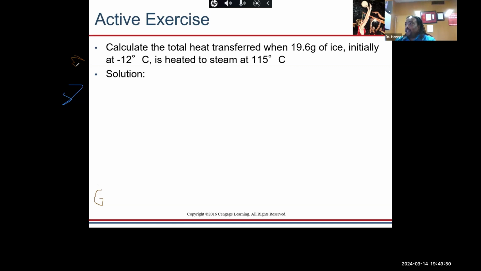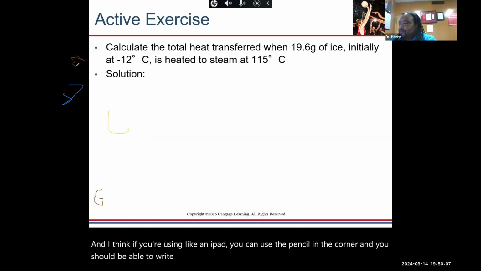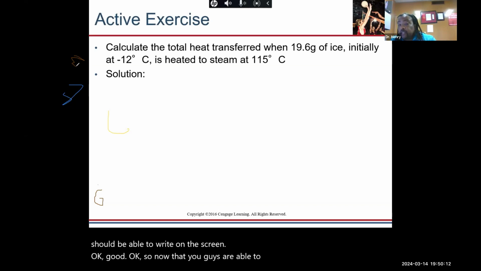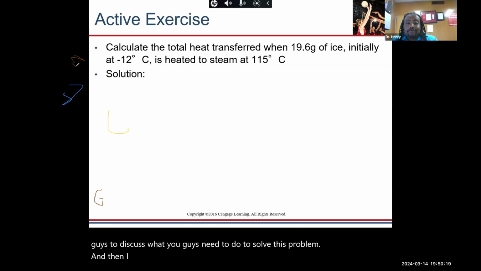So we have 2 of the 5 people that are here. Anybody else can write on the screen? And I think if you're using an iPad, you can use the pencil in the corner and you should be able to write on the screen. Okay, good. So now that you're able to write on the screen, I want you to discuss what you need to do to solve this problem. And then I want you to work on it. Okay? Okay, go team, go.